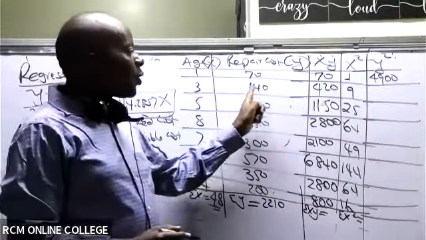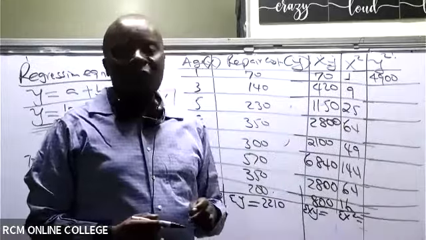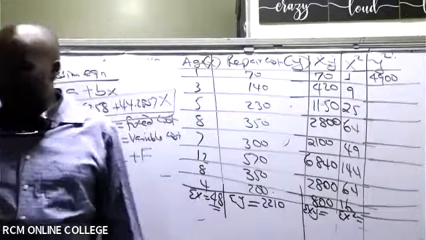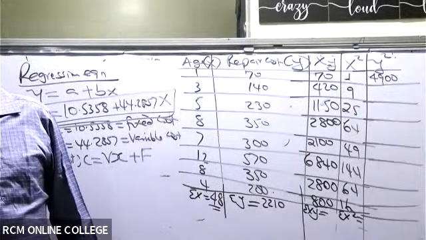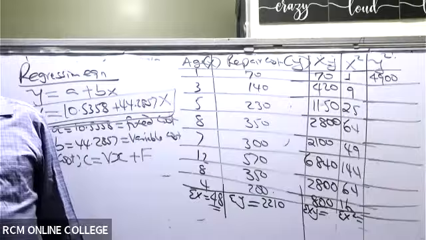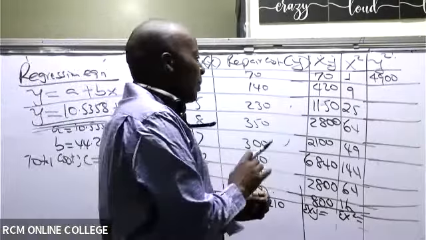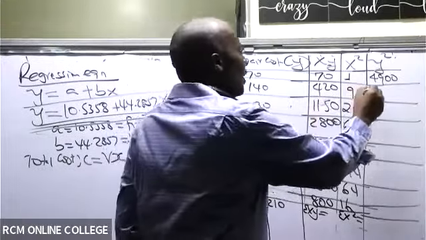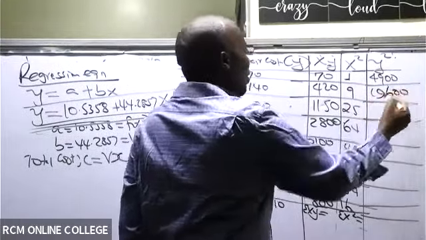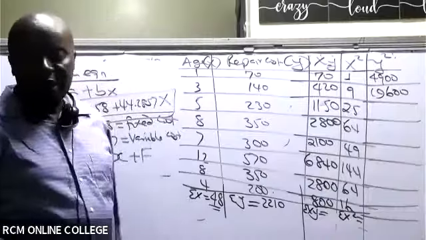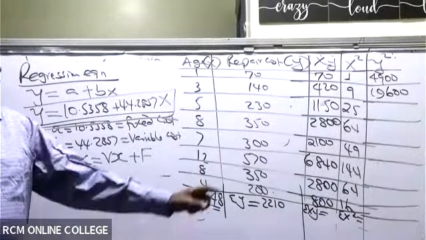So 140 squared, please. 140 squared is the same as 140 times 140, so I'm being given 19,600.